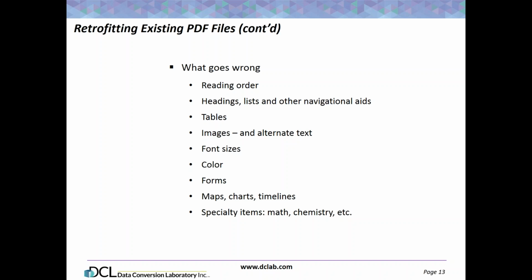Another area is other navigation cues that tell you where to go next. Things like headings and lists are pretty important when you're looking at a document. When you want to go through a document quickly, you'll typically go through the headings. Or if you see a list of items, you know that you need to look at it in a certain order.